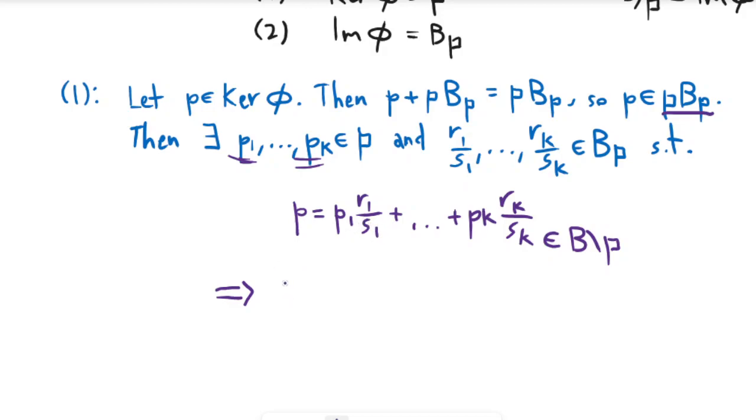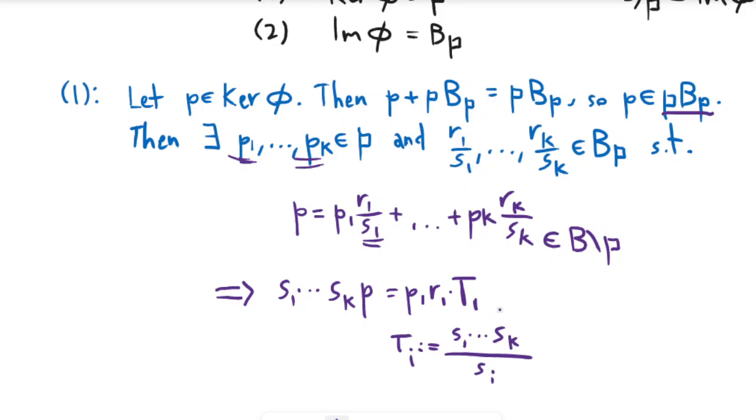So we can write S1 times dot dot dot times SK times P is equal to P1 R1 times T1 plus dot dot dot, where Ti is defined to be S1 dot dot dot SK divided by SI. Right, so we have T1 here, and then we can keep going.